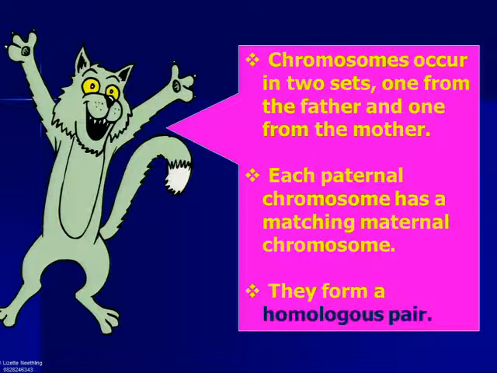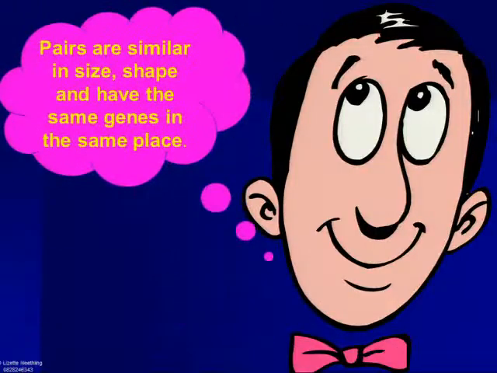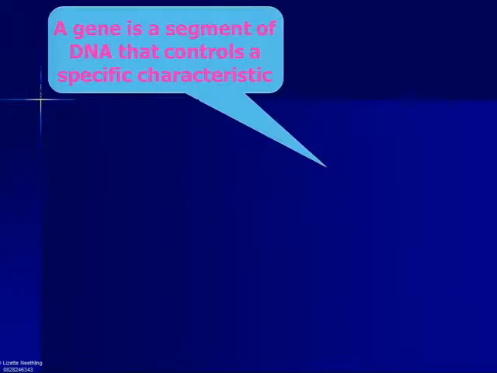A homologous pair means it's one from the father, one from the mother. They're matching each other. They occur together in the cell. And they pair off in size and shape. They will also have the same genes in the same place.